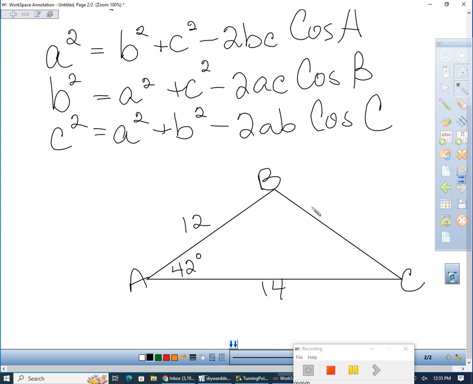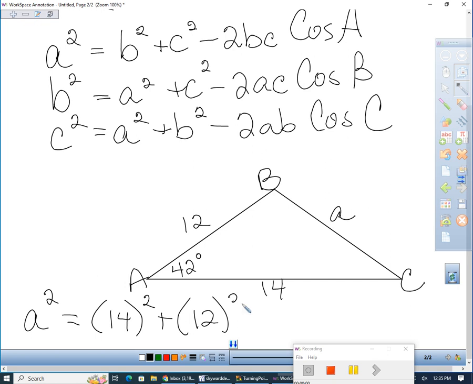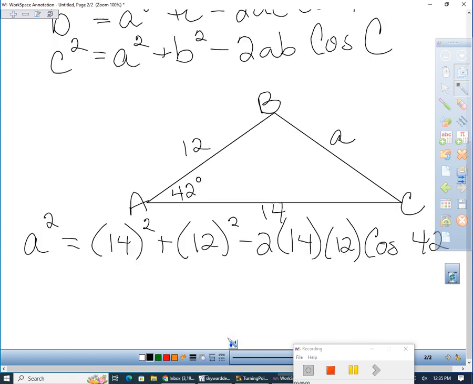So we are going to start by finding side A. In this case, we have a squared equals b squared, which is 14 squared, plus c squared, which is 12 squared, minus 2 times 14 times 12 cosine of 42. Grab your calculator, of course, and make sure you're in degrees.